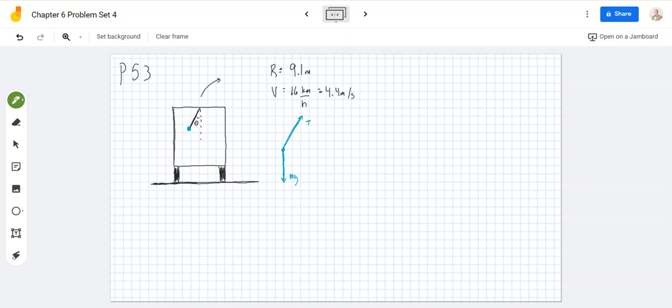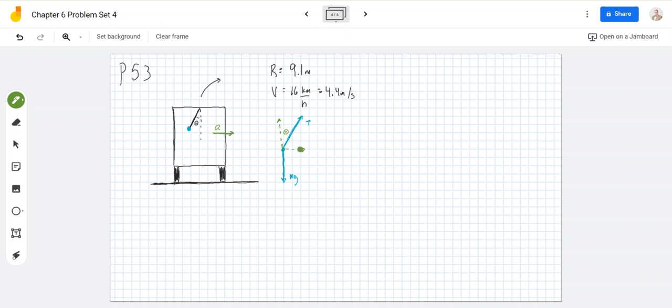We know the acceleration is inward toward the center. So as long as the acceleration is inward toward the center, what it's going to tell me is that there's no vertical acceleration. So here's your angle here.